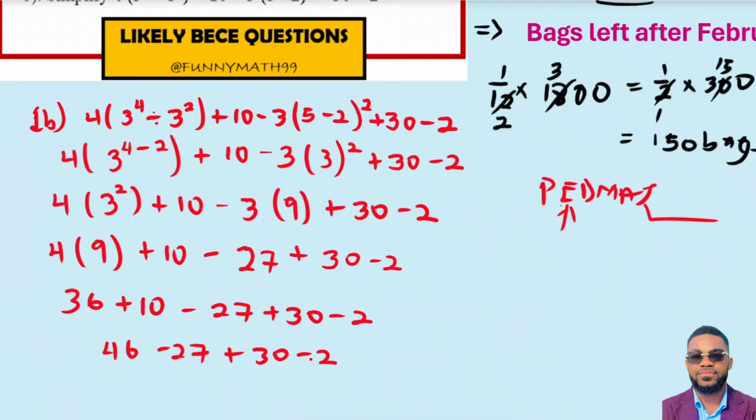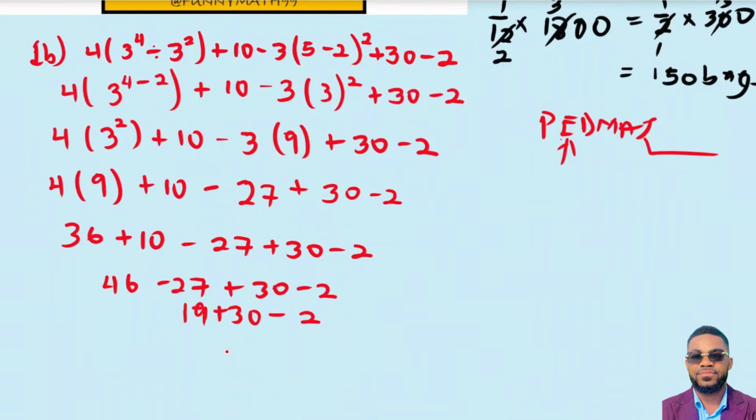So 46 minus 27, and that's going to give us 19. So you have 19. Now, plus 30, I'm just trying to do it bit by bit so that you won't get confused. So you have 19 plus 30, and that's going to be 49. We have 49 here. Now, minus 2, and easily you're going to get 47. So that's the answer to this expression.